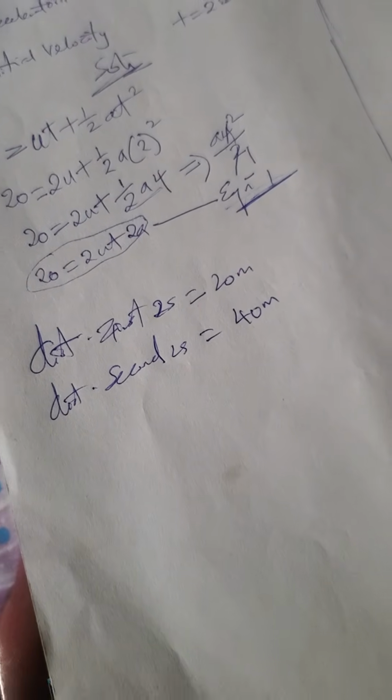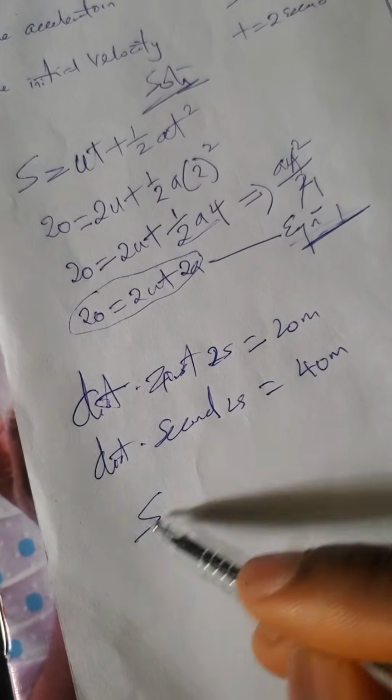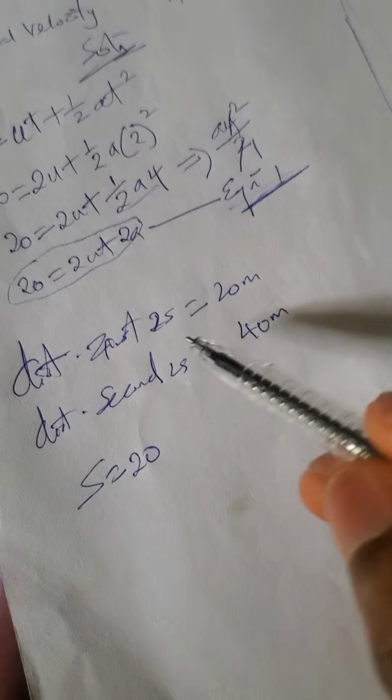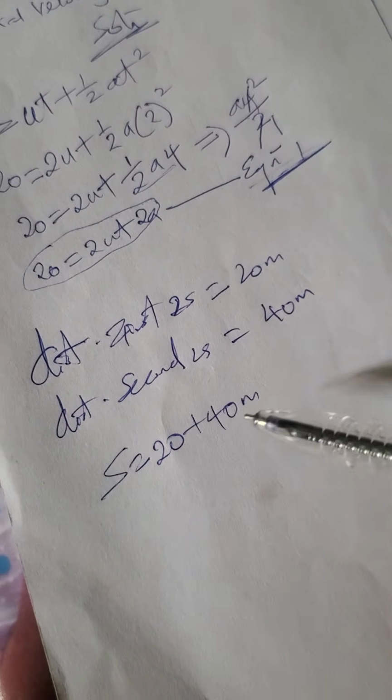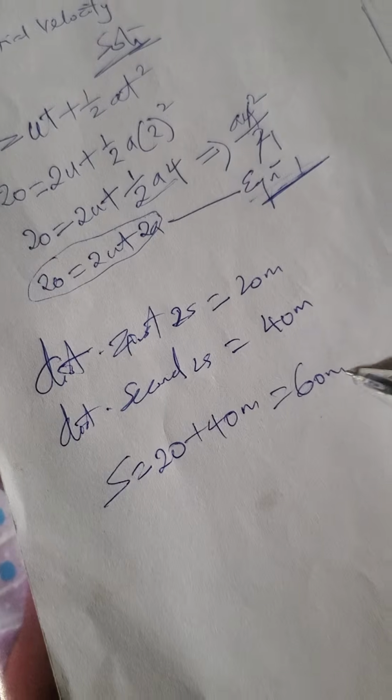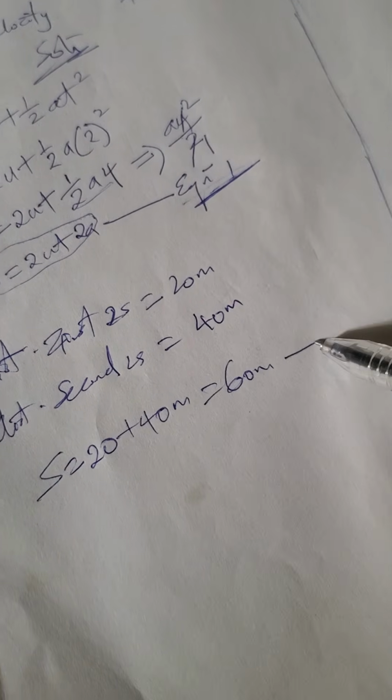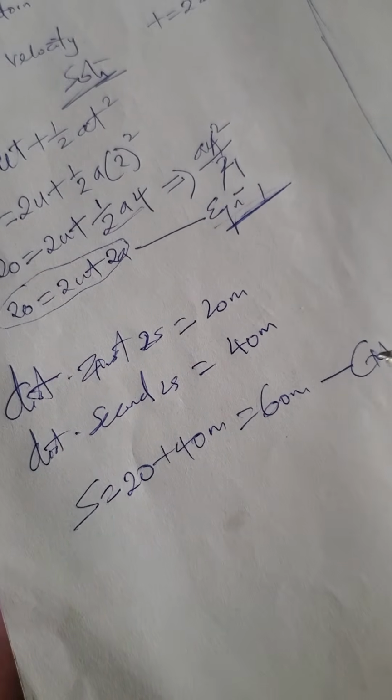The total distance equals 20, the first one, plus 40, the second one, which gives you 60 meters.